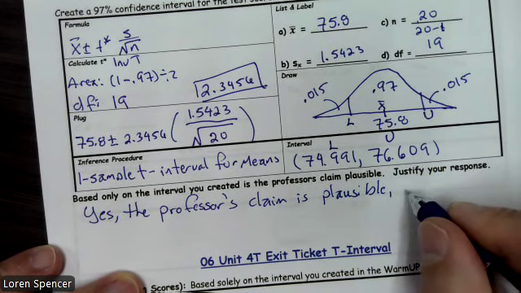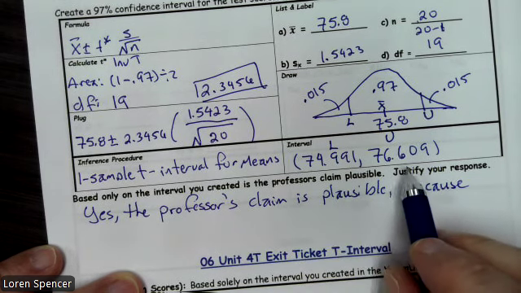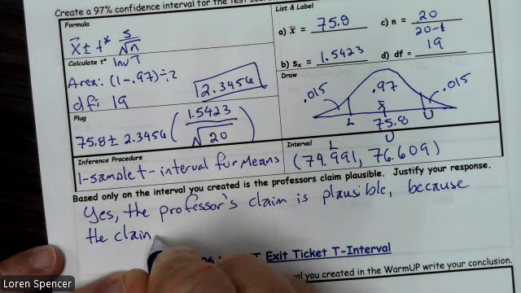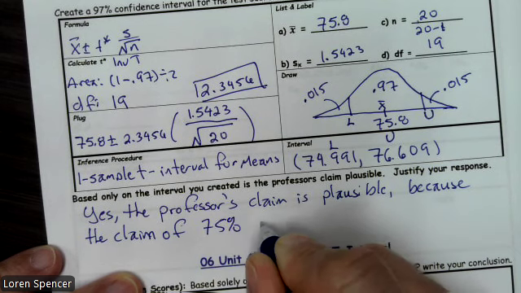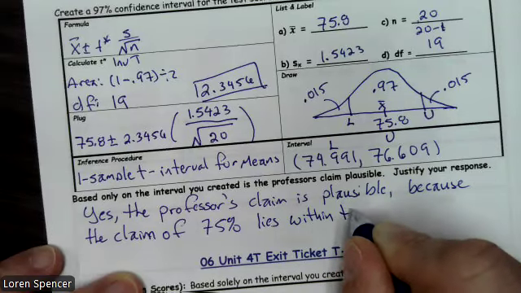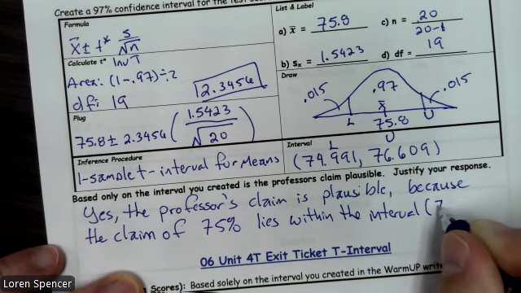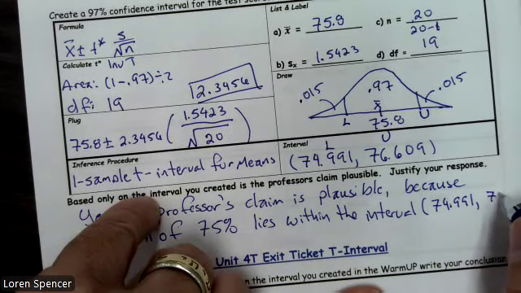Why? Because, and we could say it is plausible to a 97% level, because the claim of 75 lies within the interval 74.991 to 76.609.